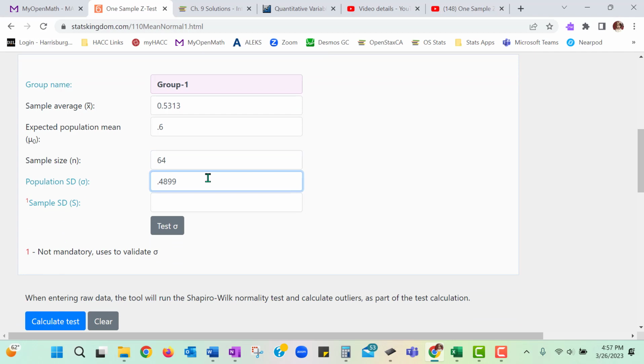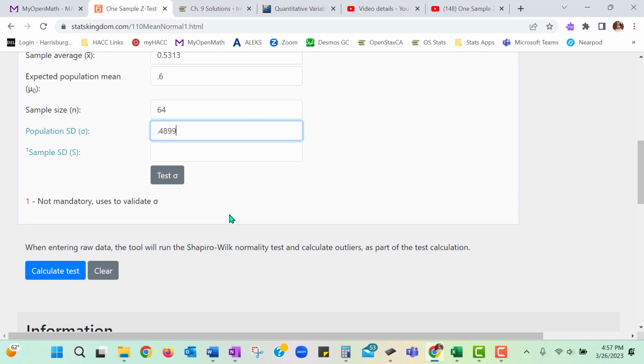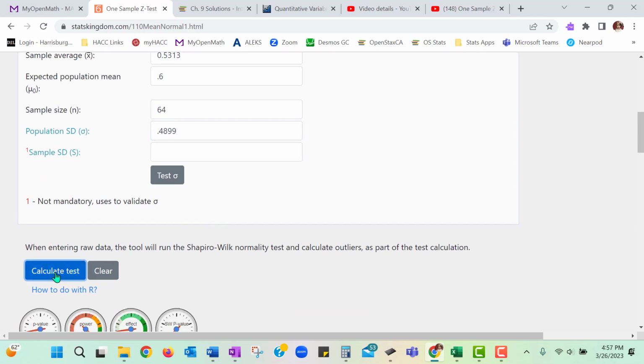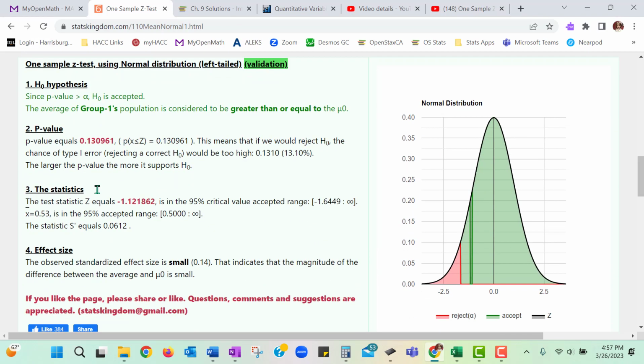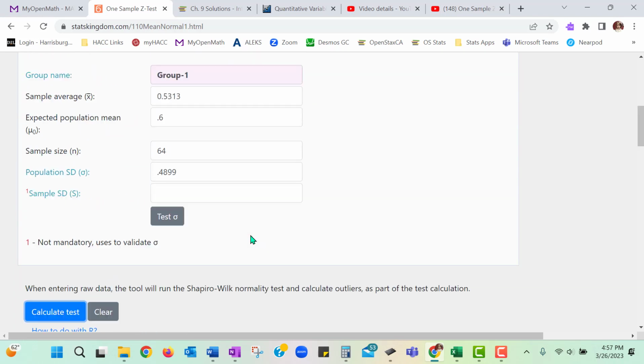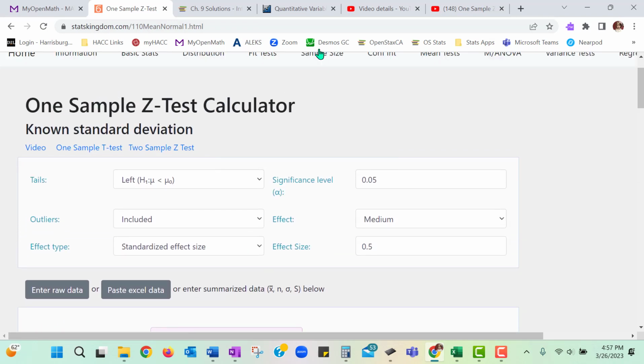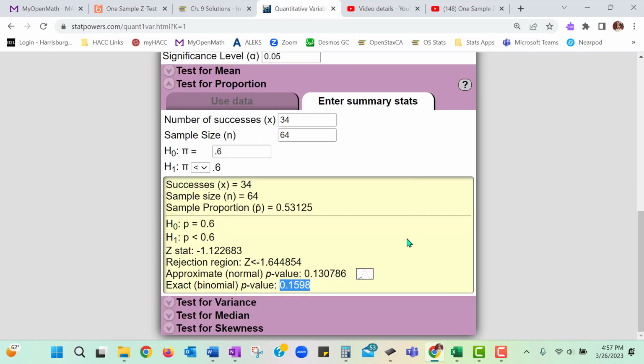Then this right here is not coming from any formula that we've really used. This is equal to the square root of PQ, so the square root of 0.6 times 0.4. Basically it just makes the math work out. So if we calculate the test, then we get pretty much the same p-value. So there's a way to make it work. It seems a little tricky to me, so it's probably better to use StatPower to test a proportion.